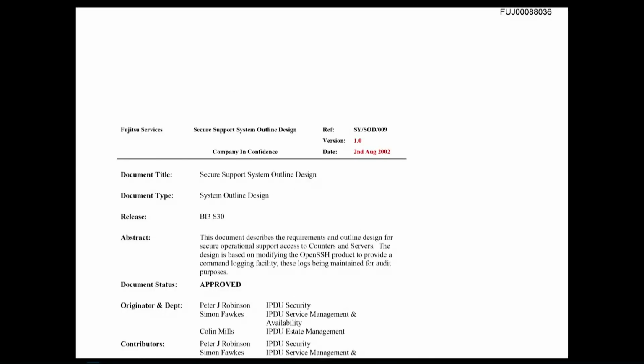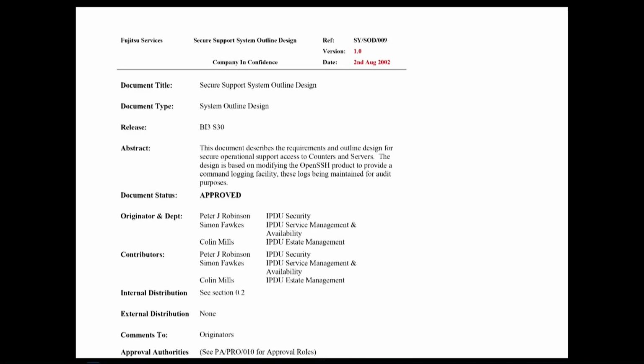Can we start, please, with Fujitsu 0008 8036? You'll see this is a document entitled Secure Support System Outline Design.